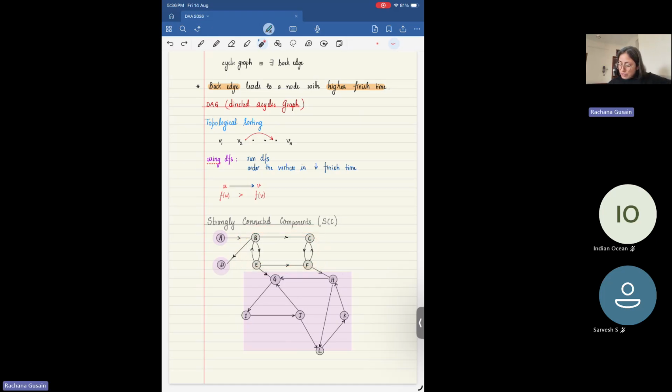Again, it should be clear that BE together is a strongly connected subgraph, because there is a path from B to E and also a path from E to B. So this is a strongly connected subgraph of this graph. Is it a strongly connected component? Can I extend it any further? Can I add either C or F to this subgraph and still maintain this strongly connected property?